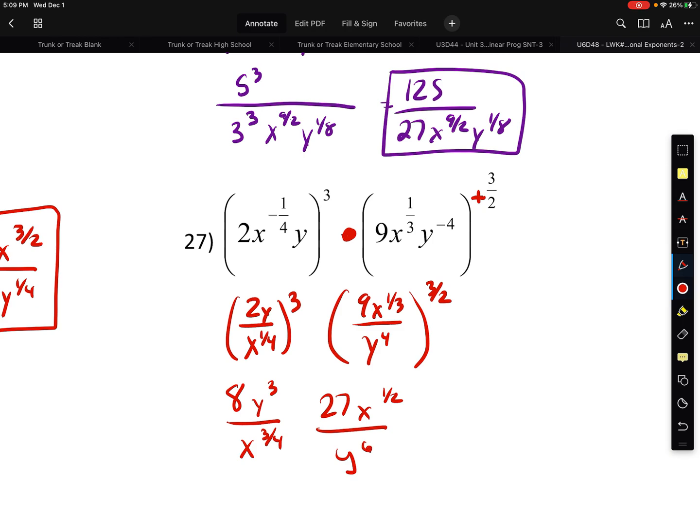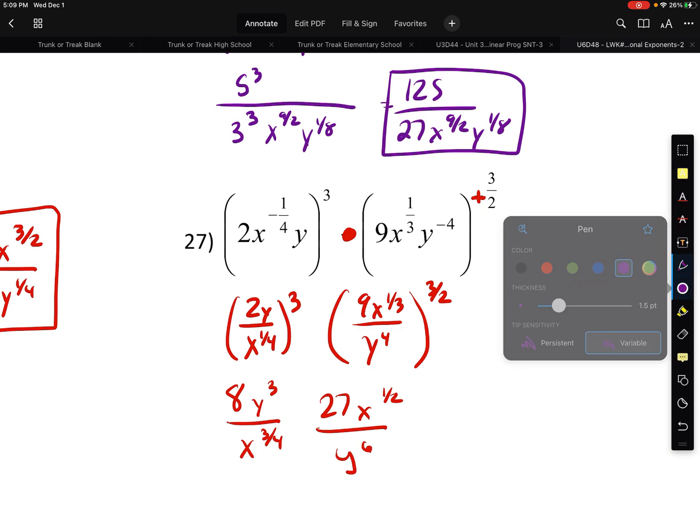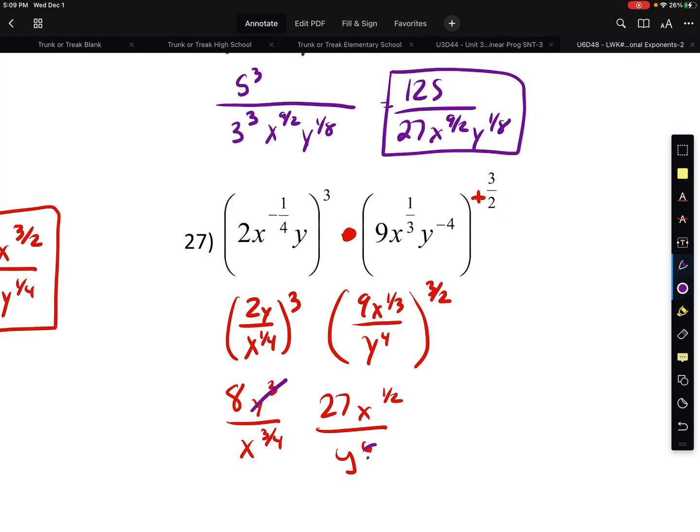Okay, do a little canceling here. That's gone, that's a 3. Common denominator, this is 2 over 4. That's gone, this is a 1 over 4. So I got 8 times 27. 8 times 27 is 216. x to the 1/4, y to the 3rd.